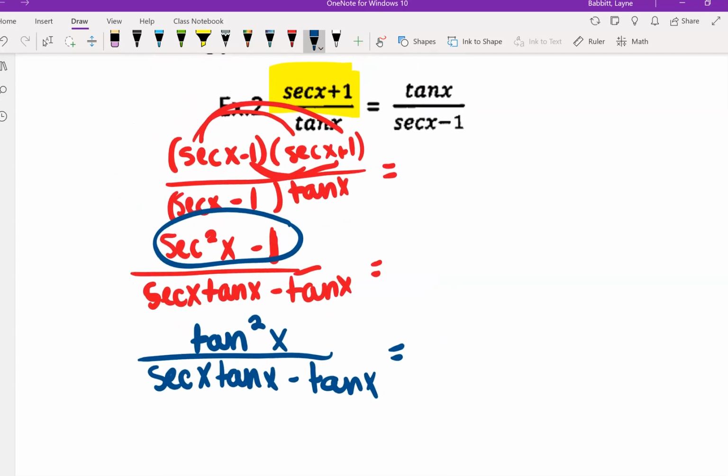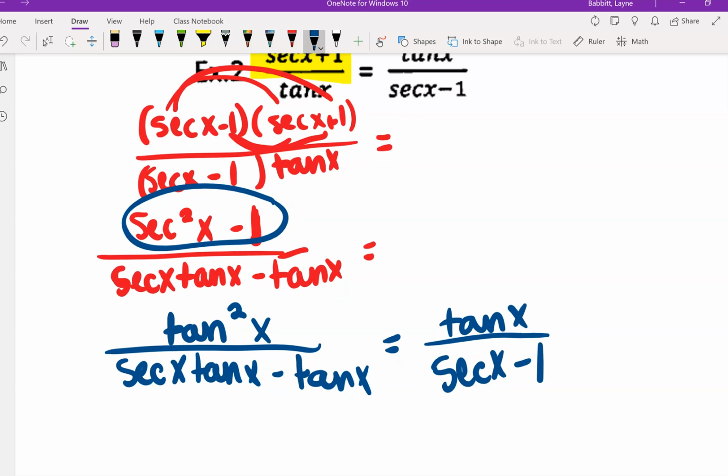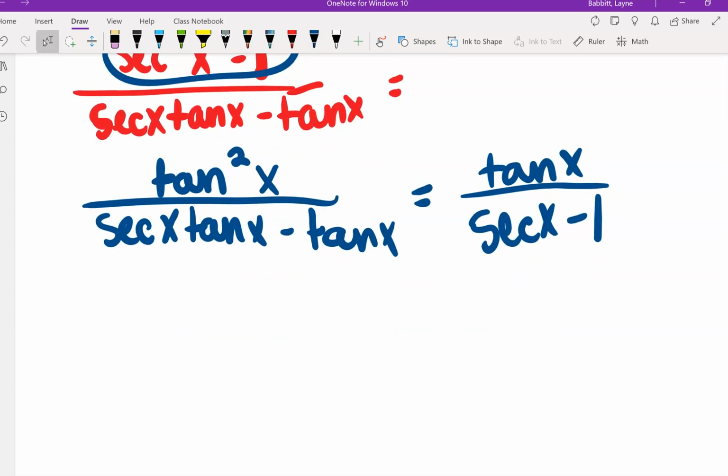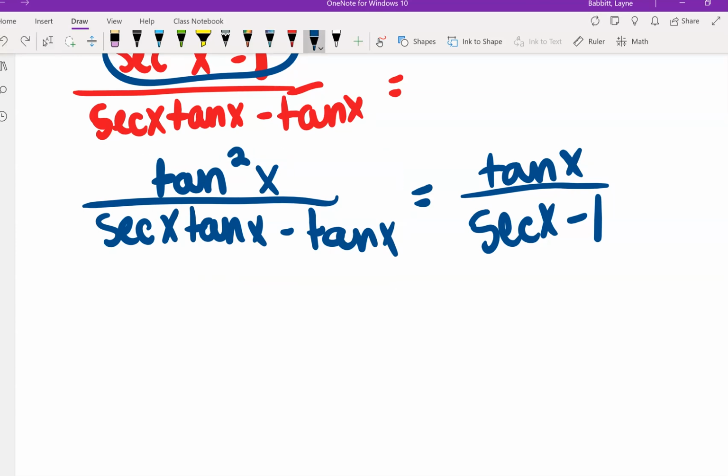Again, it's always good to remember what it's supposed to equal. We want that to equal tangent of x over secant of x minus 1. All right, I feel like we're getting close. Basically, we just have too many tangents on this side, and we need to get rid of some. Remember back to the last video, you can factor out things, and on the bottom we have a GCF of tangent.